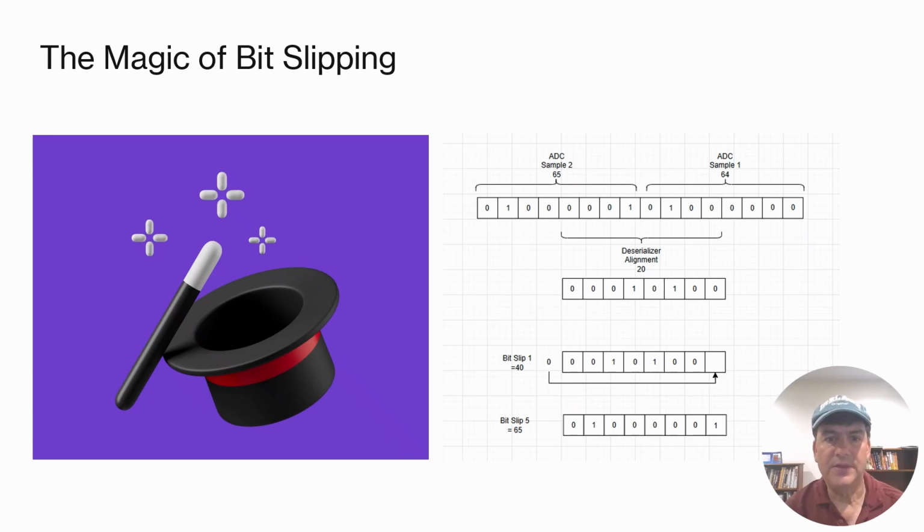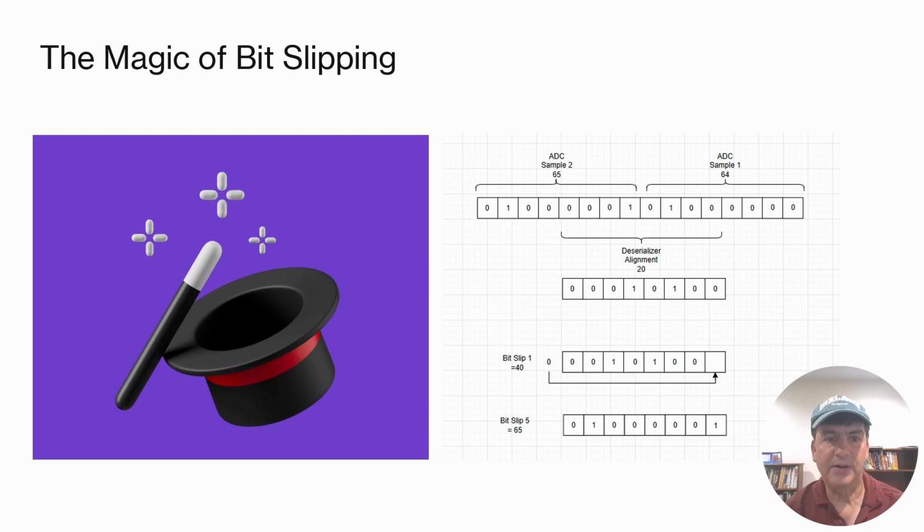How bit slipping works. Let's look at how this works in detail. Suppose we have a serial stream containing two ADC samples, each 8 bits wide. The first sample equals 64 and the second sample equals 65. In this case, the ADC input signal has been sped up, so there is a 1-bit change per sample. If the deserializer is misaligned, it might grab 4 bits from the first sample and 4 bits from the second sample.